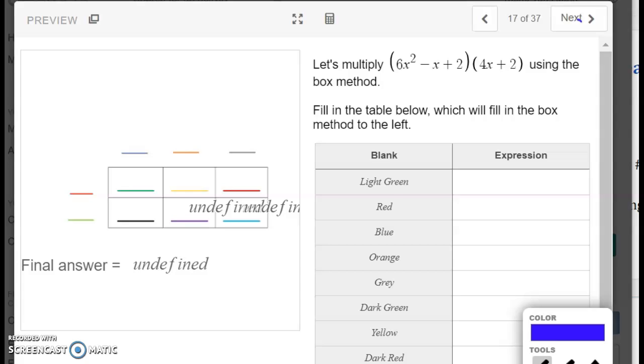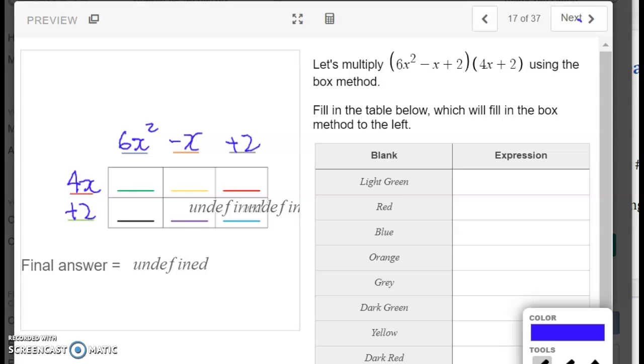Okay, and this is a little bit more tricky. Now this time we are multiplying 6x squared minus x plus 2 by 4x plus 2. So 4x plus 2 is my width, and then 6x squared minus x plus 2 goes here.